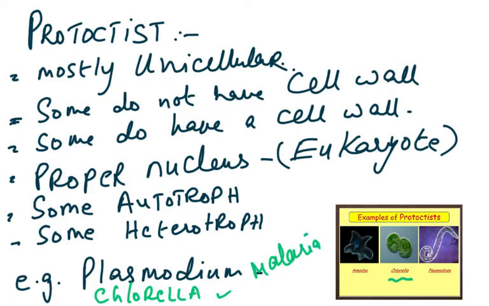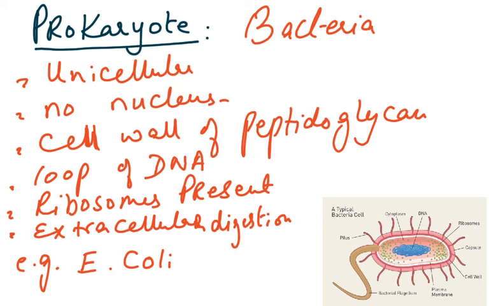And so coming to the next one, prokaryotes, they're always bacteria. So BP, remember: bacteria, prokaryotes. Unicellular, there's no nucleus, there's no nuclear membrane. When I say no nucleus, I mean no nuclear membrane. The cell wall is not made of cellulose, not of chitin, but it's made up of peptidoglycan.